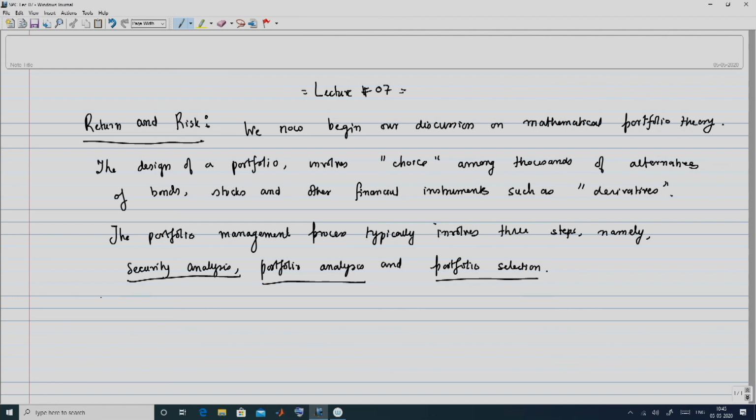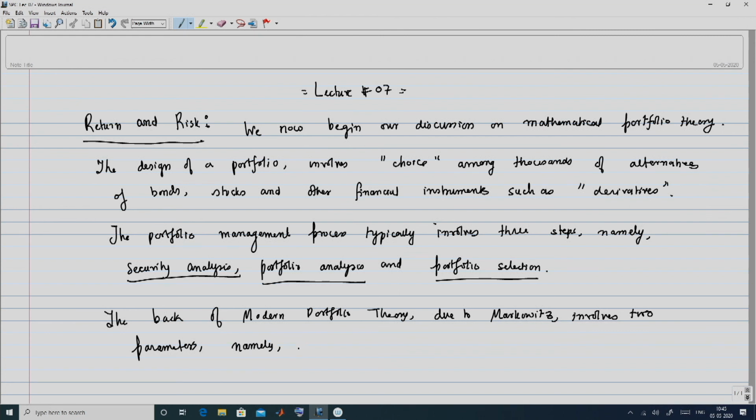Okay. So, now next, as I said as a prelude to this discussion, the backbone of modern portfolio theory, which is due to Markowitz, involves two parameters, and these two parameters are return and risk.